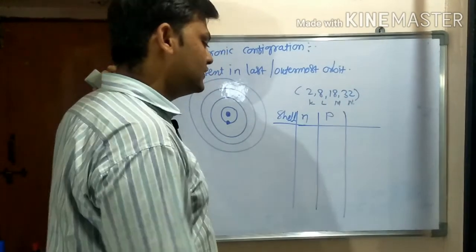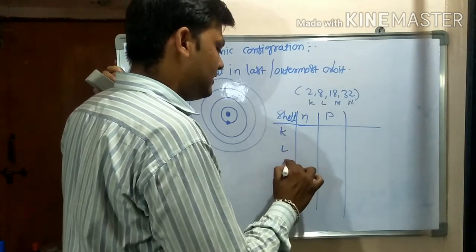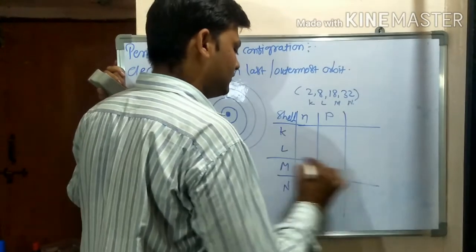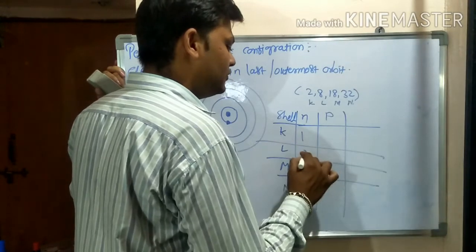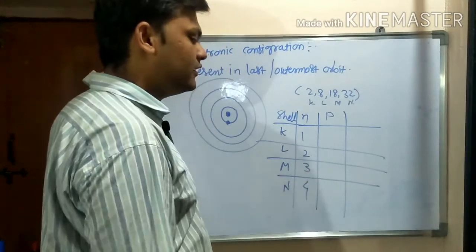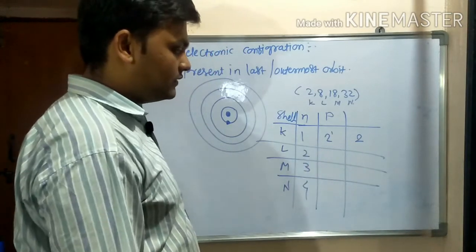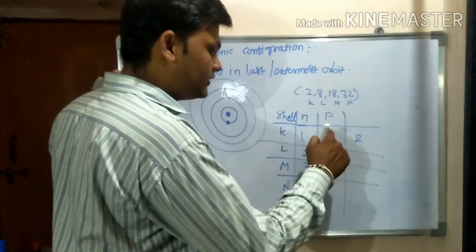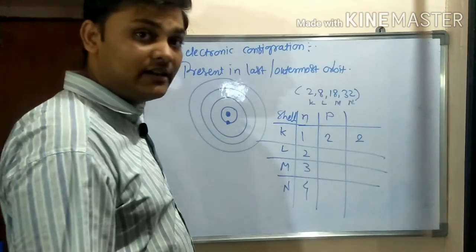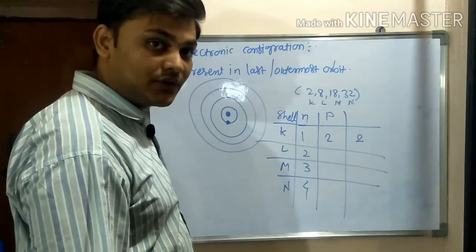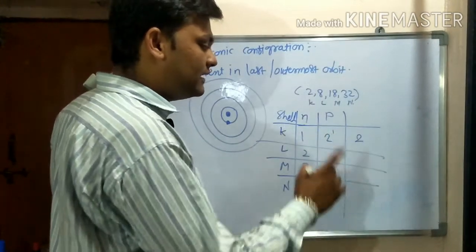So K, L, M, N are 1, 2, 3, 4. For the first shell, it is 2 to the power 1, which is 2.